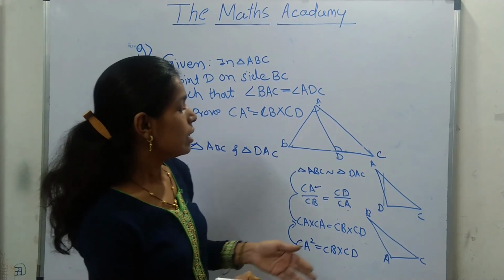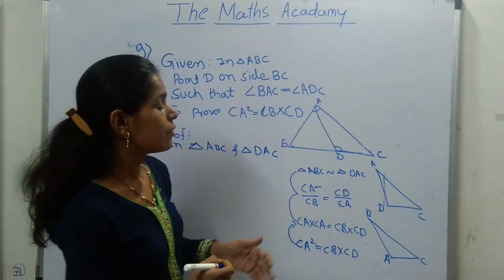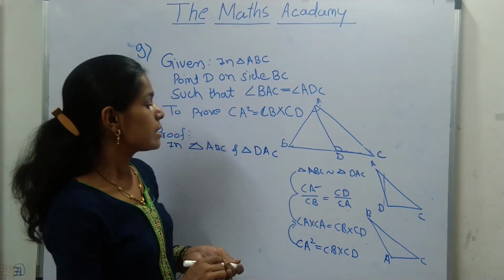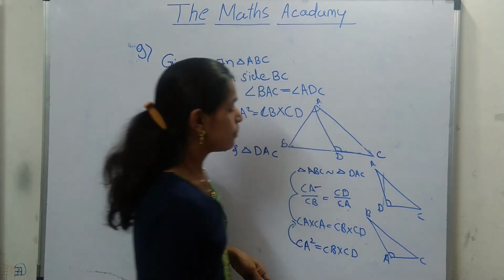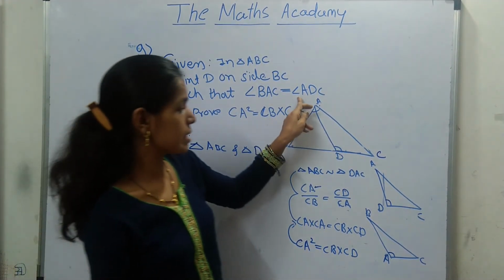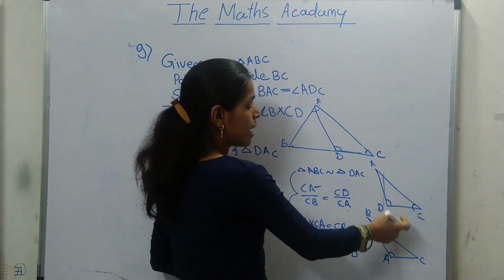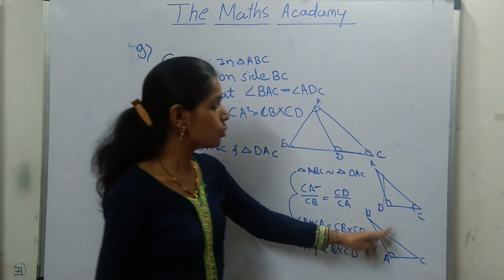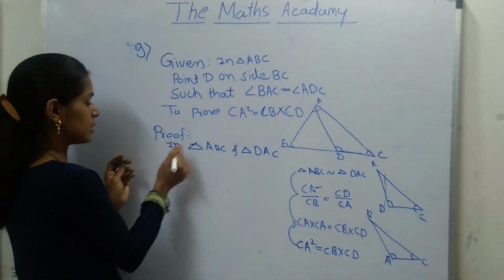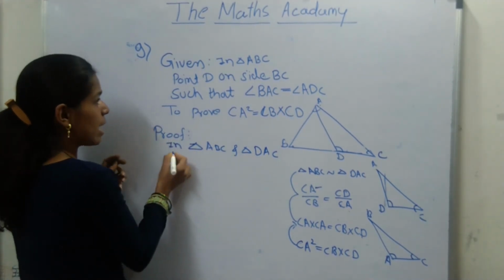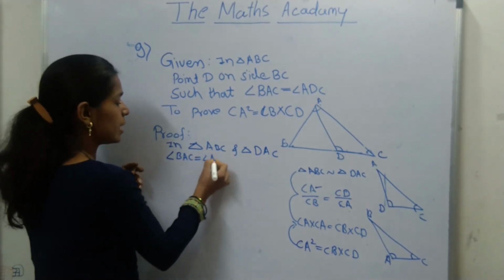Now in these two triangles, which angles do we have to consider? See here, we are given that angle ADC is equal to angle BAC, and this angle C is common in both triangle ABC as well as ADC. Therefore, the two triangles are going to be similar by the AA test of similarity, and that we are going to write here. In triangle ABC and triangle DAC, angle BAC is equal to angle ADC.